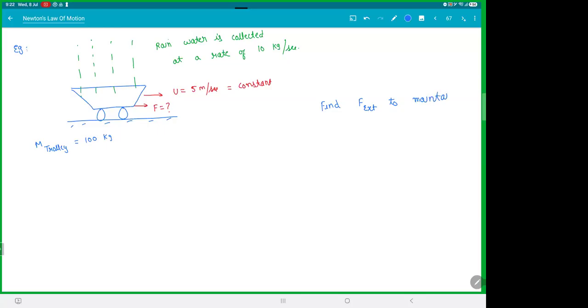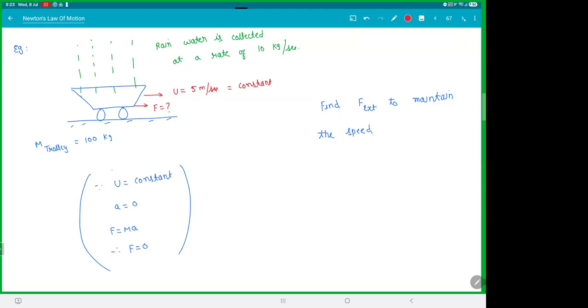Did you ever do this thing? You're going on a cycle, your friend comes and jumps on the back seat. Your cycle slows down. You have to pedal more. Now, this is what people do. They will say, since v is constant, acceleration is zero. And since F is equal to ma, therefore F is equal to zero.